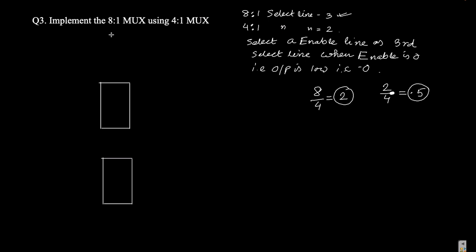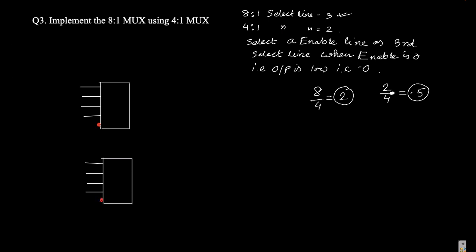It means here the input lines are I0, I1, I2, I3, I4, I5, I6 and I7, and here we are taking one notch for enabling the select line. This is the notch where we can enable a select line. So this is our notch.